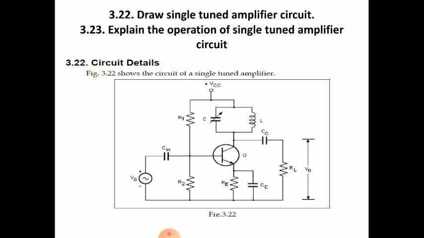So this is a single tuned amplifier circuit. See that it is the same as the basic amplifier, but the load resistor RL is replaced by L in parallel with a capacitor. Observe that the capacitor C is a variable capacitor because the tuning can be changed.